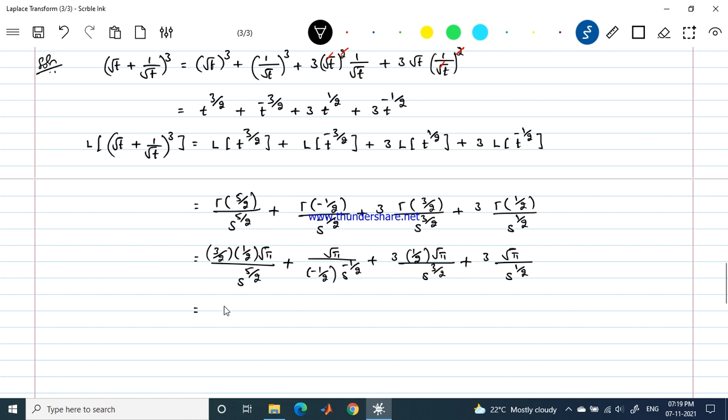So the answer is 3 square root pi divided by 4 s power 5 by 2, plus into minus becomes minus, 2 comes to the numerator, it is 2 square root pi divided by s power minus 1 by 2, plus 3 square root pi divided by 2 s power 3 by 2, plus 3 square root pi divided by s power 1 by 2.